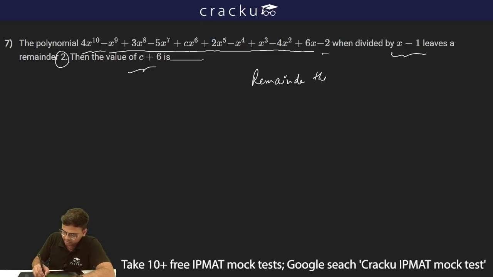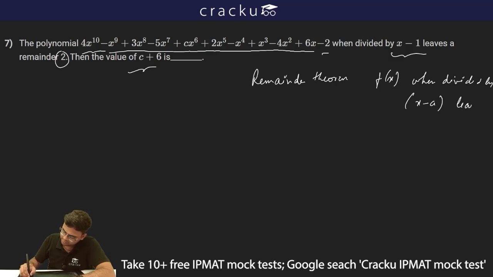The remainder theorem says that if you have a polynomial f of x which, when divided by x minus a, leaves remainder b, then we can say f of a is equal to b.